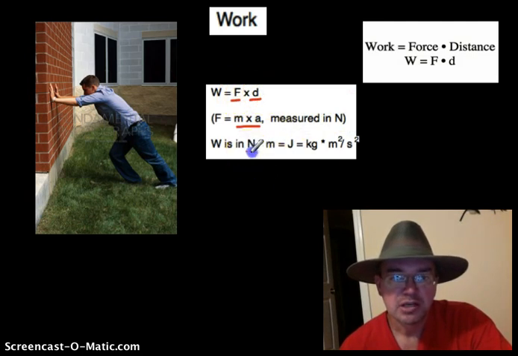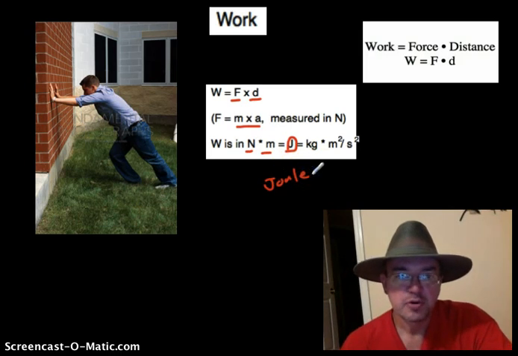So it's going to be newtons times meters, and that's going to turn out to be what we call a joule. Now, it's not like a jewel around your neck. It's a joule, is how that's read.